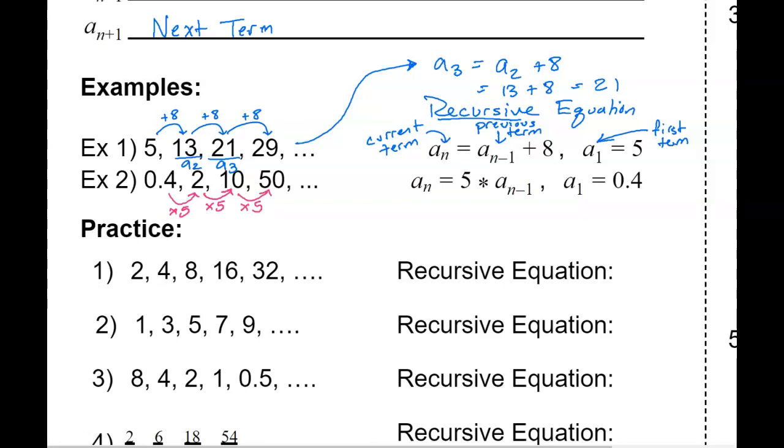So what we do is we write a sub n, and we are multiplying each time. So we multiply the previous term, a sub n minus 1, by 5. And then we have to write down our first term, a sub 1, was equal to 0.4.